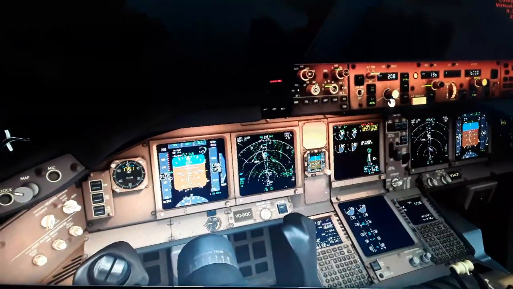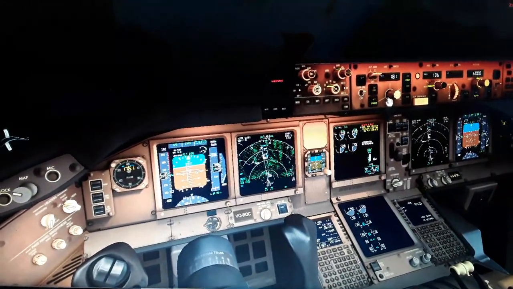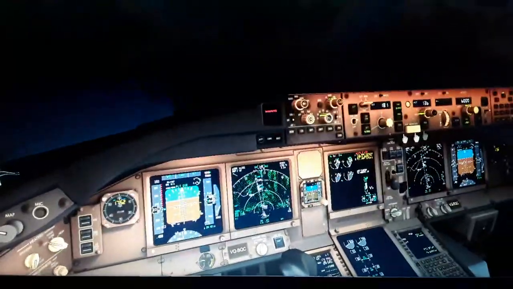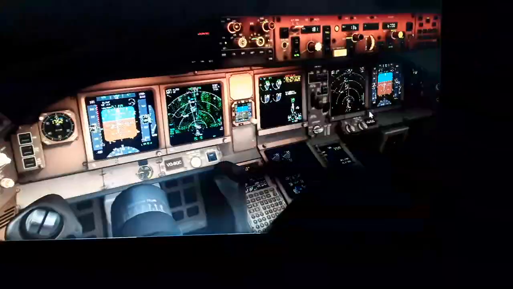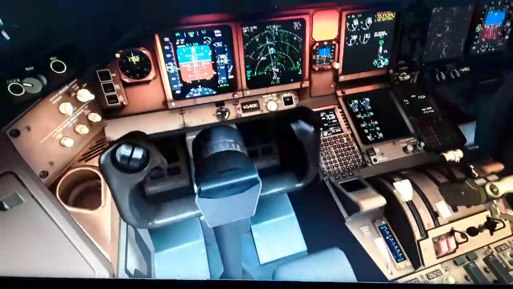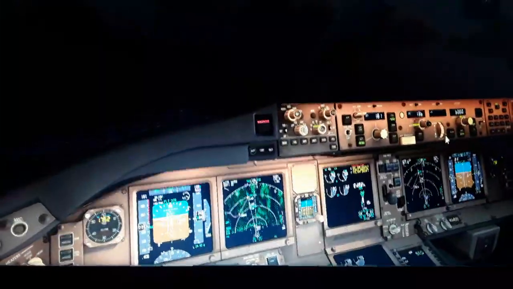Need to decrease also the airspeed a little bit. Also the localizer over here, and the flaps full. So we are about 3 more minutes.